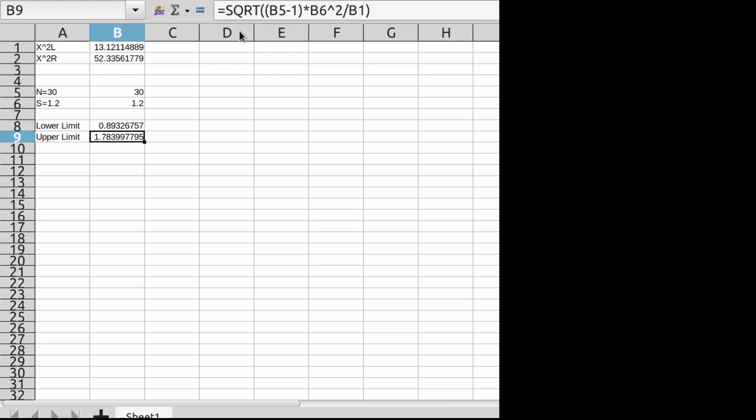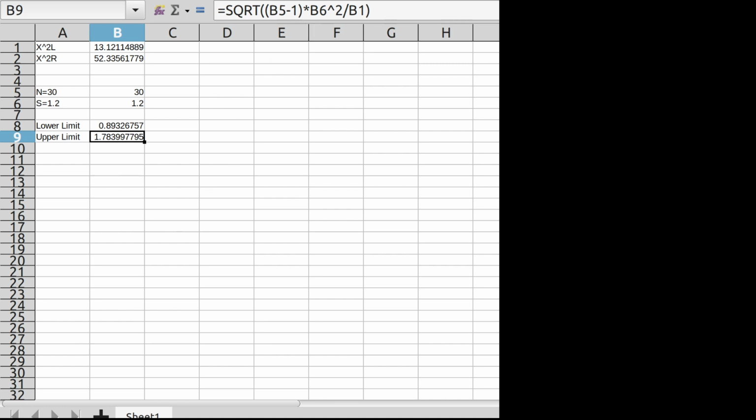N minus 1, B5 minus 1 times. Yes, these are my standard deviations, not my variances. So there we go. We got our standard deviations. Sorry for the mumblings. I take my time with chi-squareds because this is an odd equation.